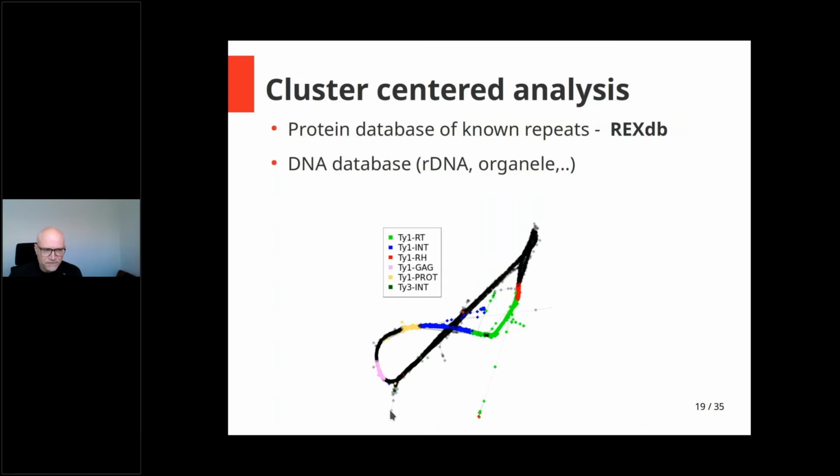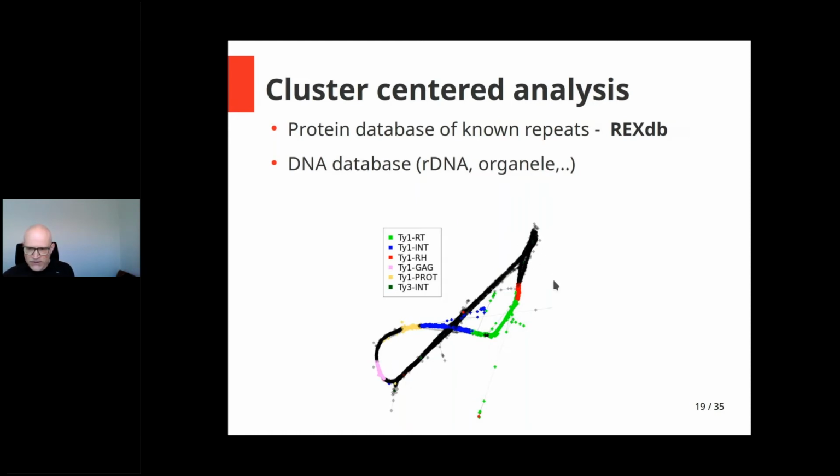The vertices correspond to sequence reads, and each read can be compared to our databases. One of these databases, again, is the RexDB database, and then we have some built-in RepeatExplorer databases which contain, for example, information about rDNA. And when we compare these sequence reads to these databases, we can identify the similarity. These are here highlighted as colors. And the whole cluster is annotated based on these positive hits.